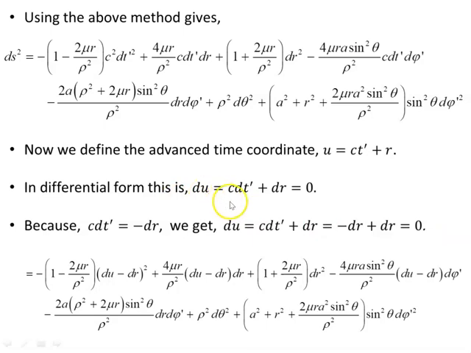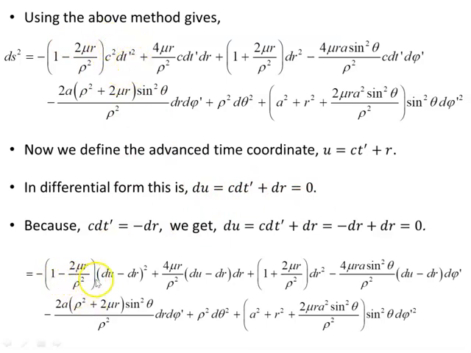Let's now put in where we see c dt dash. That will be u minus r, or du minus dr, and we'll substitute that in. I haven't put those couple of steps in, but you can see from here du is c dt dash plus dr, so c dt dash is going to be du minus dr. Then we'll put that in the line element.